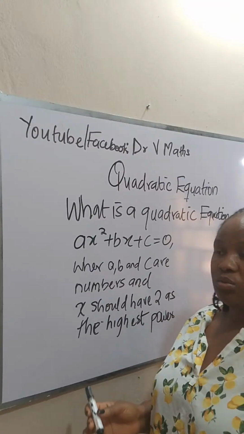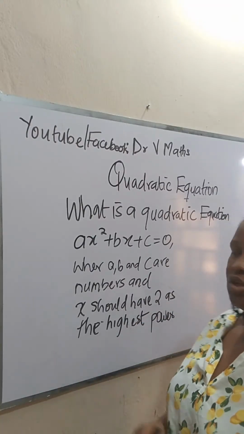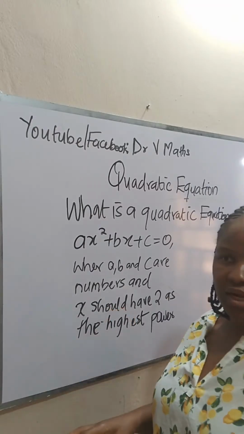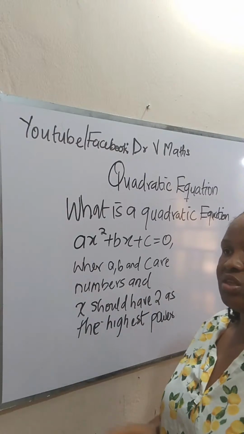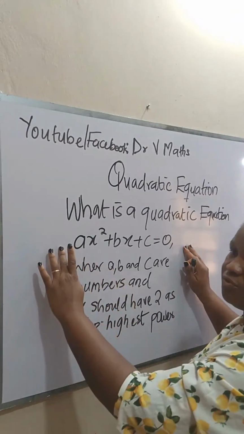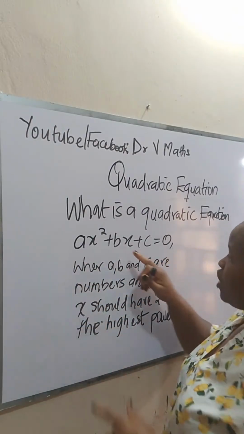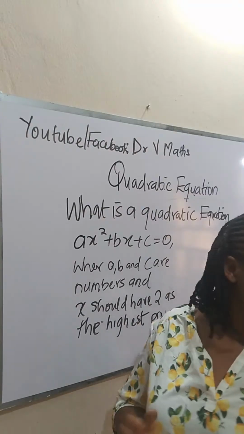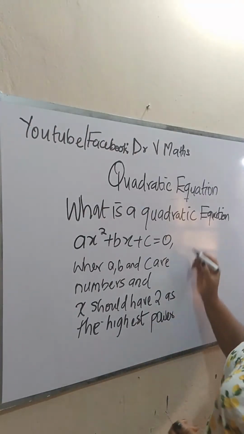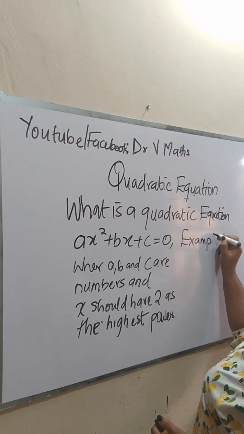Now, what I just showed you is how to identify a quadratic equation. I'm not just going to speak English, I'm going to give you examples of quadratic equations that will not really take the standard form, where all these numbers will not be included, but they are still quadratic equations. So I will just show you examples.